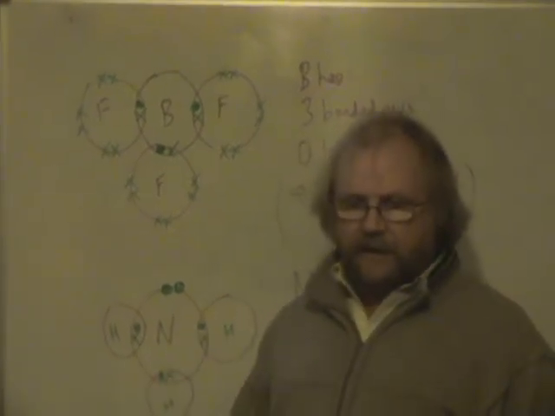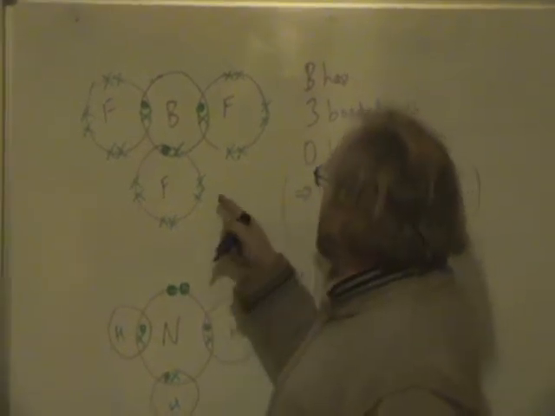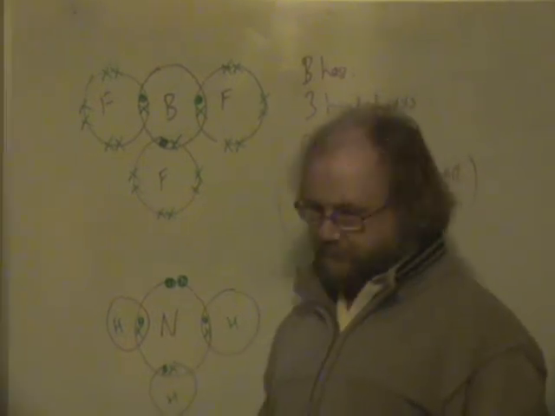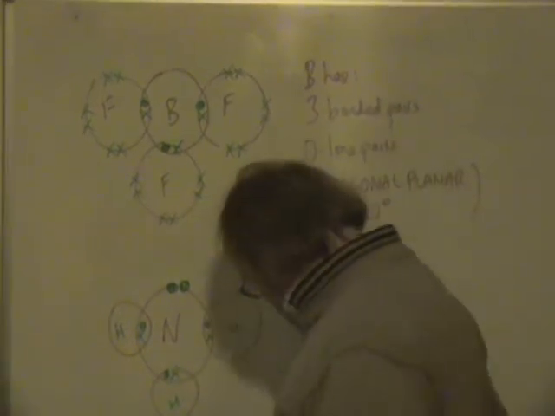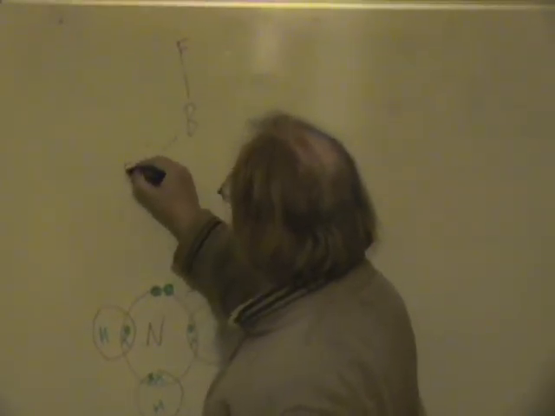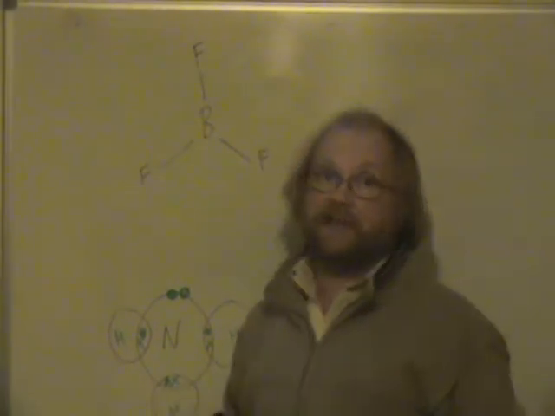Okay, so much for that. The final thing it asks you to do is to suggest why, even though BF3 has polar bonds, the molecule itself is not polar. And that again is about the shape of the molecule, and in particular about the symmetry of that shape. So you don't have to draw it, but I think it's worth doing that to make sure you understand what's going on here. The molecule is absolutely flat, like that, with 3 regularly spaced fluorines around it like that.